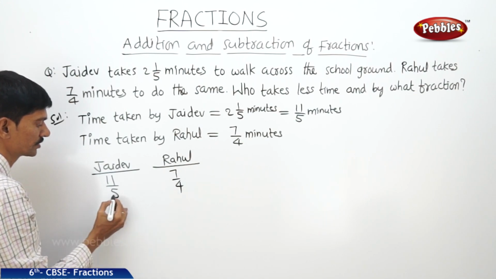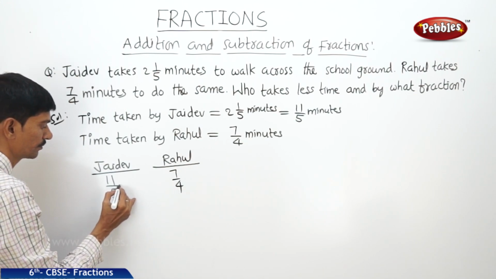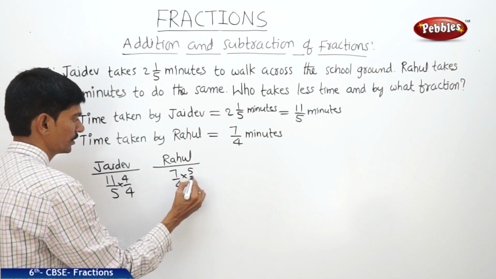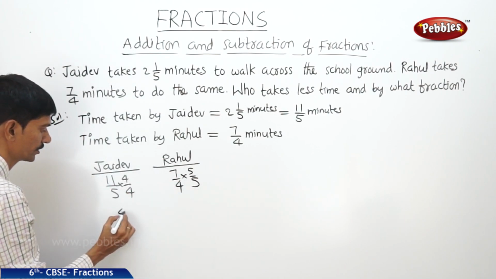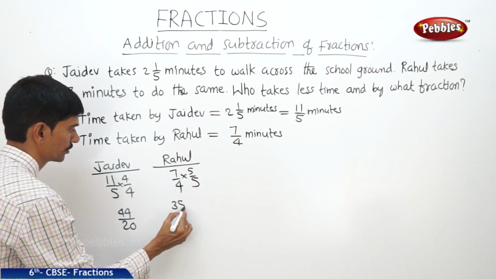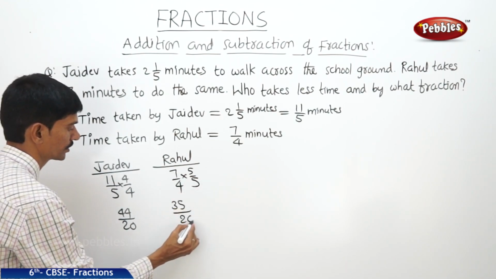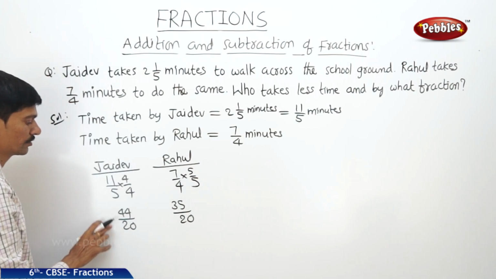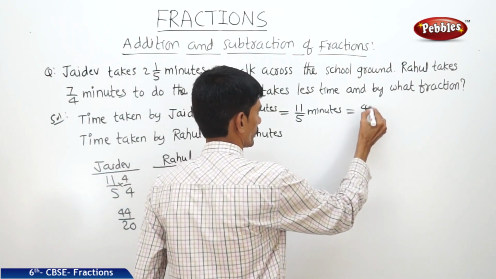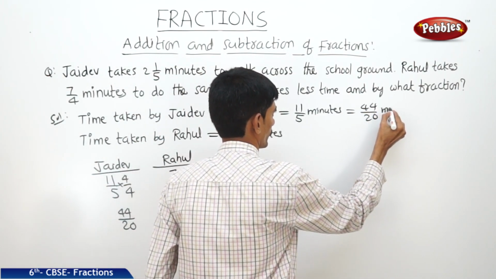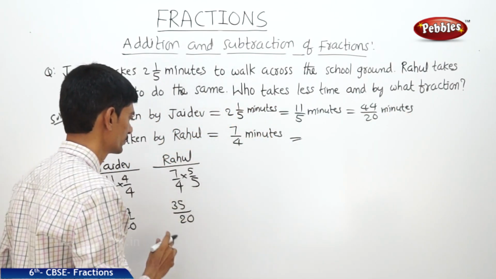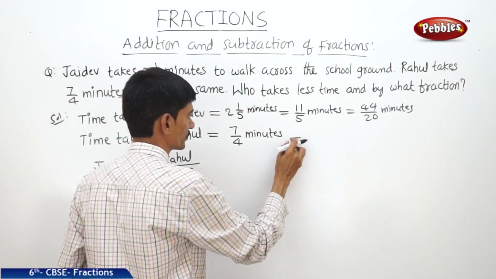The LCM of the denominators 5 and 4 is 20. So we multiply by 4/4, since 4 fives are 20, and 5/5. Then 11 fours are 44 by 5 fours are 20, and 7 fives are 35 by 4 fives are 20. The time taken by Zaidev is 44/20 minutes. At the same time, the time taken by Rahul is 35/20 minutes.